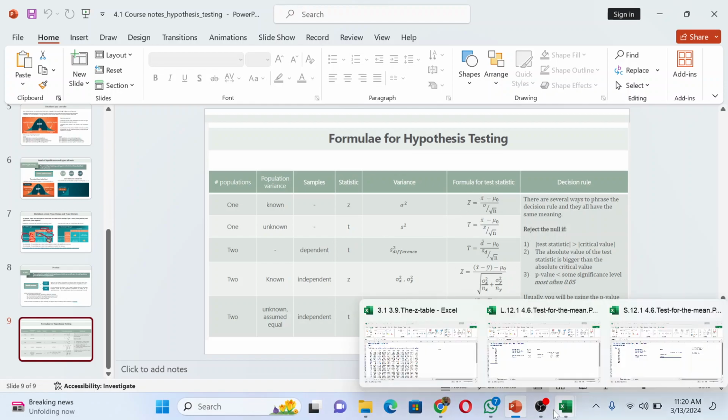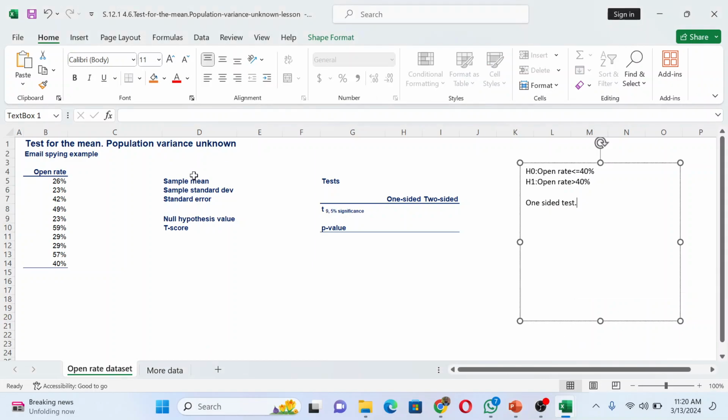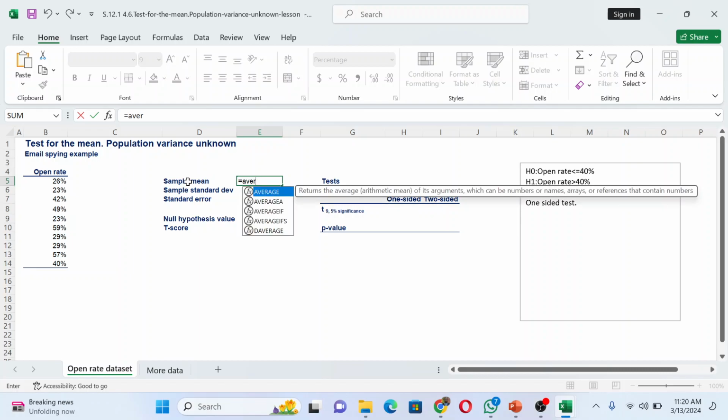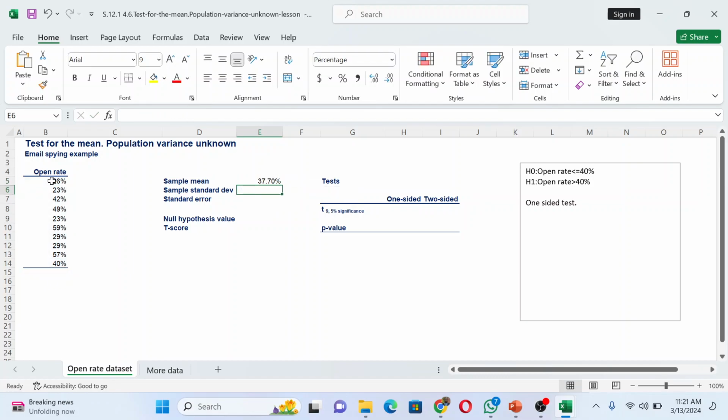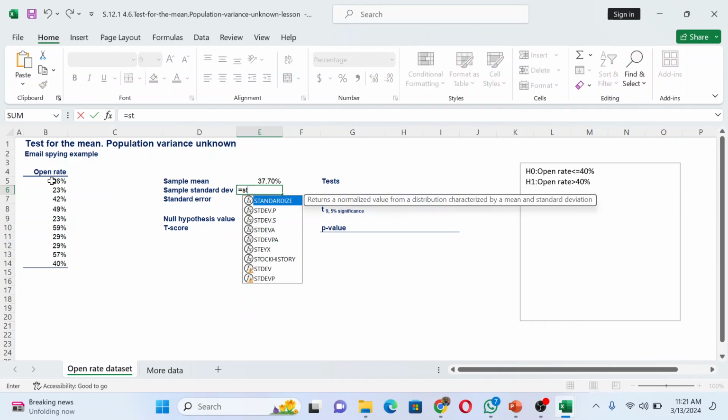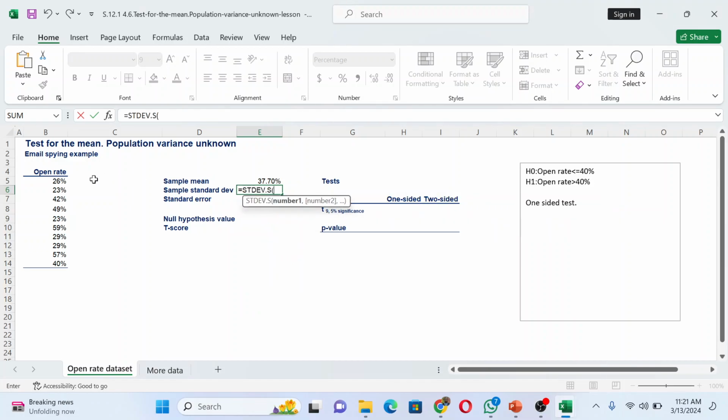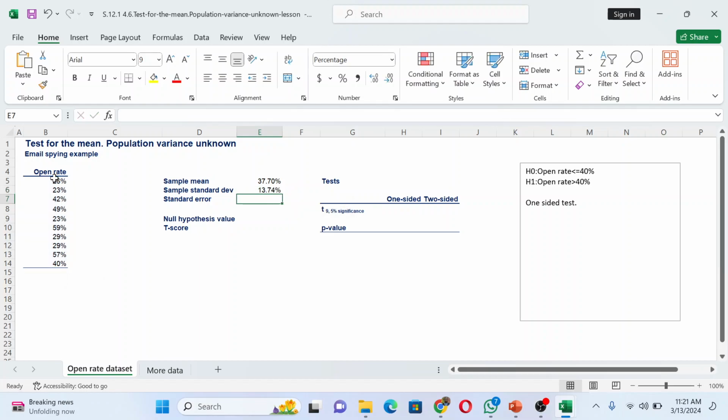So let us go back to our data set. What do we need? We need to calculate the sample mean, which is the average of the open rate. We have 37.7. The sample standard deviation is STDEV.S of our open rate. The standard error is the standard deviation divided by the square root of the sample size.